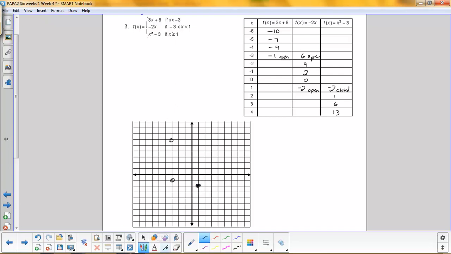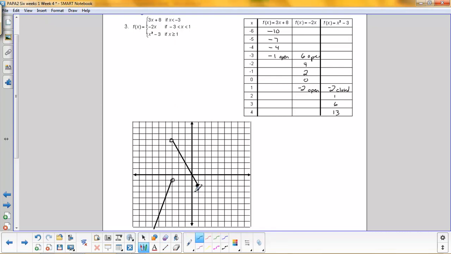Okay, on the left side, we will begin with this function right here, which is 3x plus 8, slope of 3, and a y-intercept of 8. The next line will be negative 2x. That has a y-intercept of 0 and a slope of negative 2.